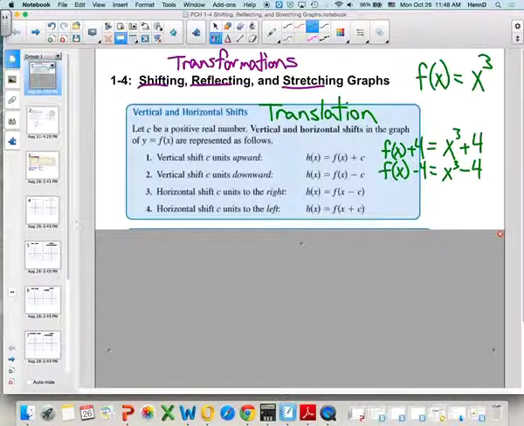So if I want to shift x cubed 4 units to the right, I actually have to do f of x minus 4. So now we have an x minus 4 and that entire thing is cubed. It shifted it to the right 4 units. By subtracting 4, it slows down when we reach where we would normally reach.